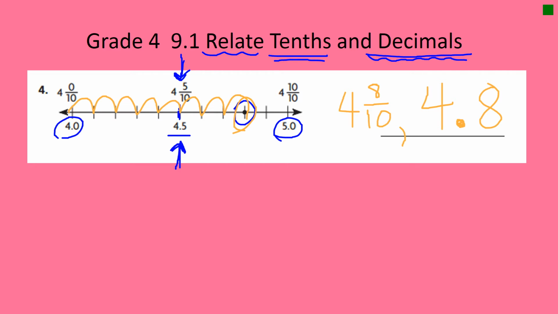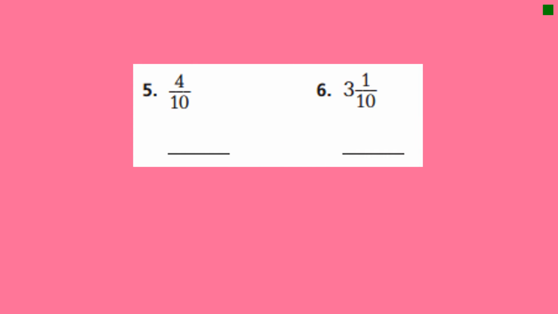Let's keep going. All right, so for number 5 and 6, I'm going to read you the directions. It says, write the fraction or mixed number as a decimal. Okay, so number 5, it says 4 over 10 or 4/10, right? So I'm going to write that as a decimal.